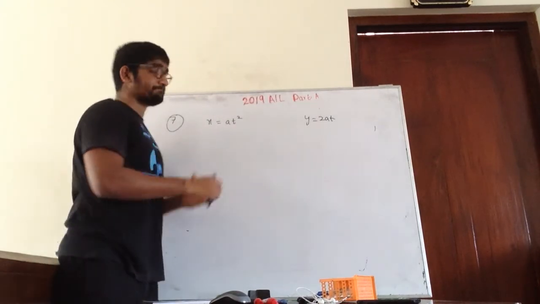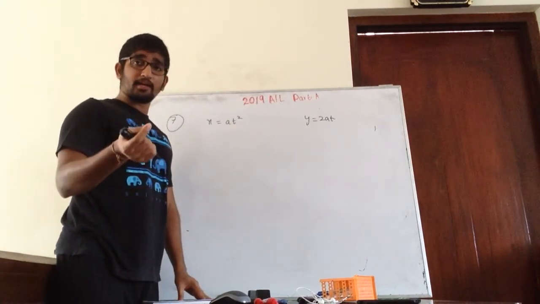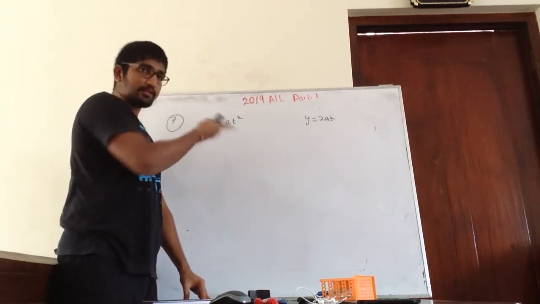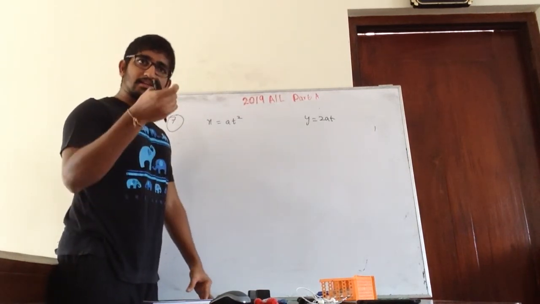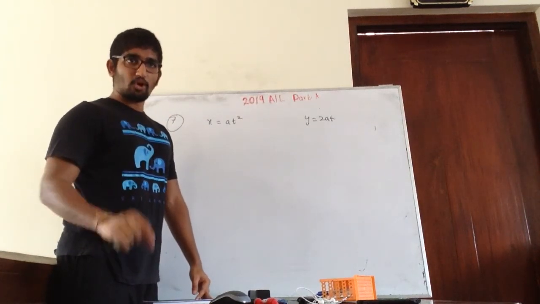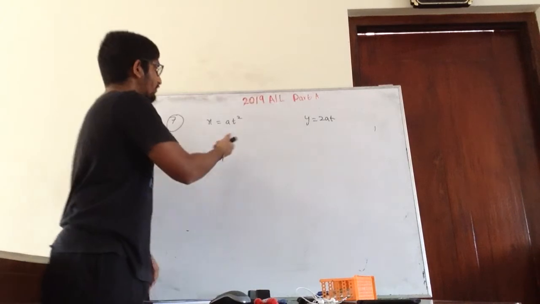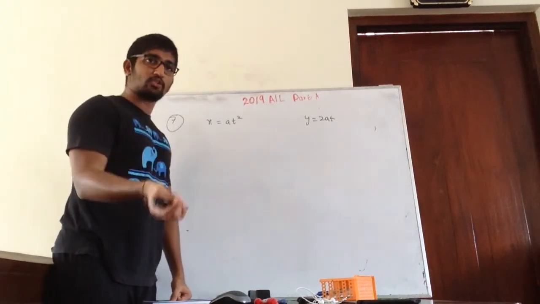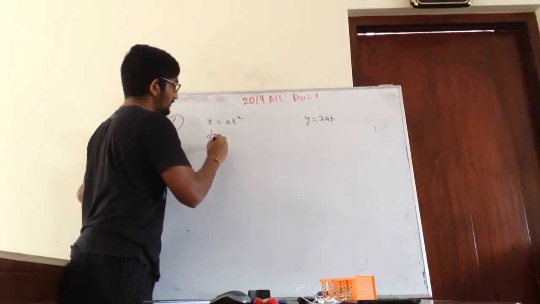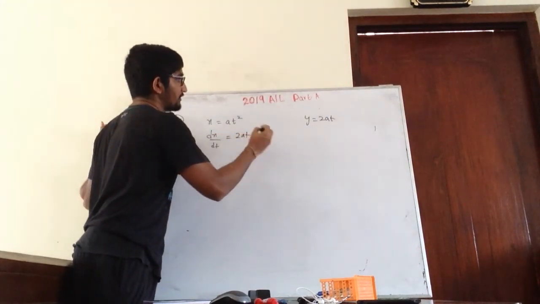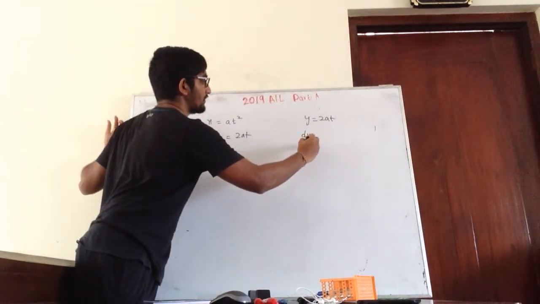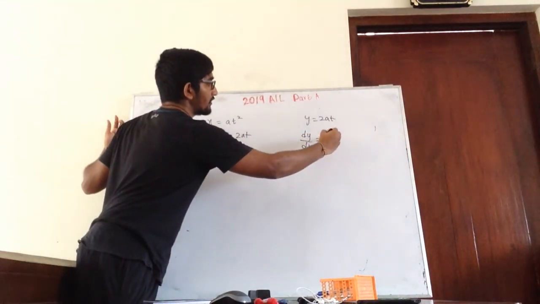So first of all, we need to get the normal line. I can get the tangent here, and then I can get the gradient of the normal line. So first of all I'm going to get the gradient of the tangent line. That is, dx over dt, I will get 2at, and dy over dt, I will get 2a.